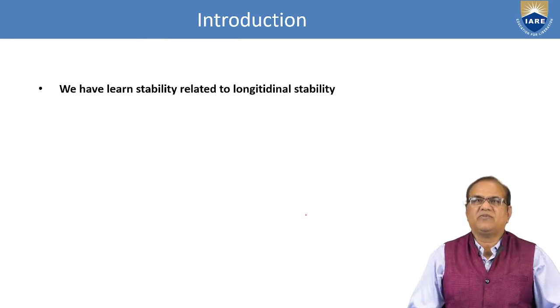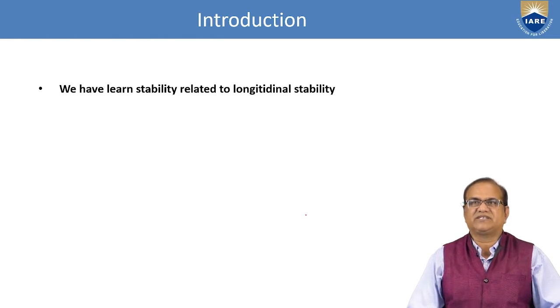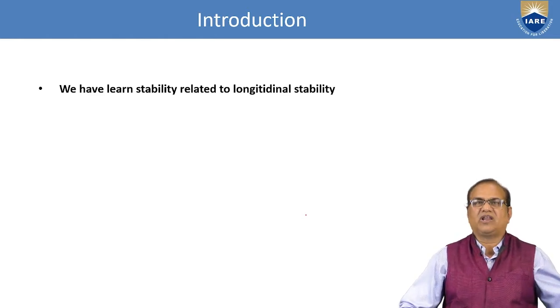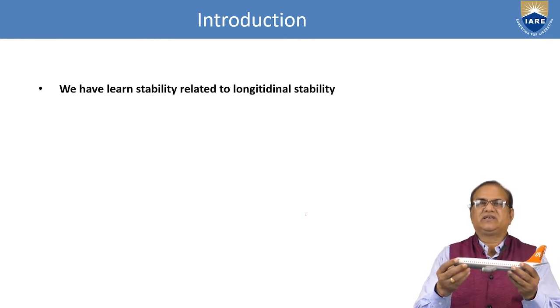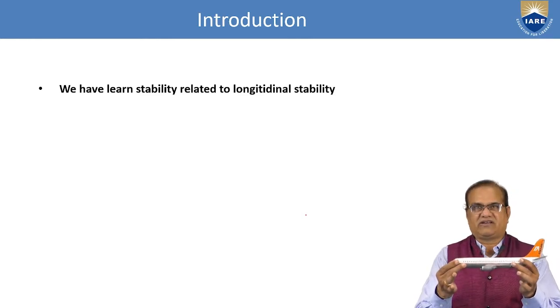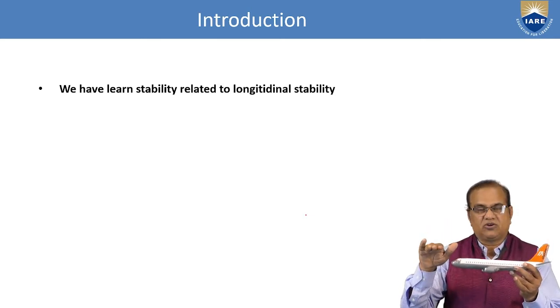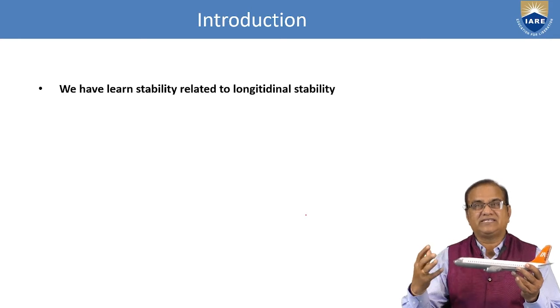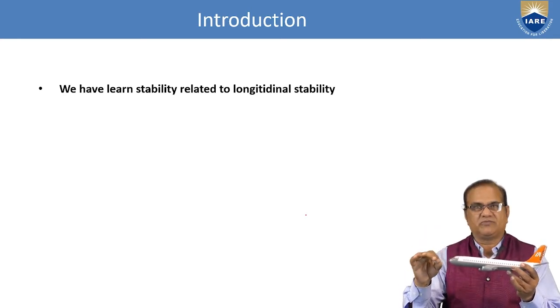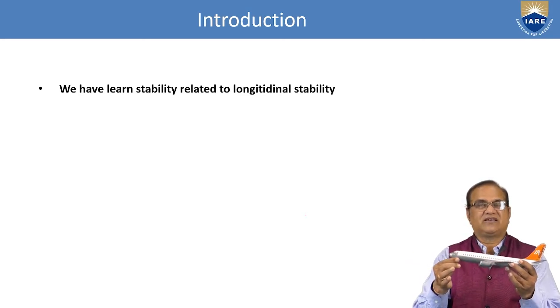Once I talk about the introduction, we have learned from the previous classes about longitudinal static stability. It is the tendency of the aircraft to come to its equilibrium position whenever there is a disturbance in longitudinal motion.